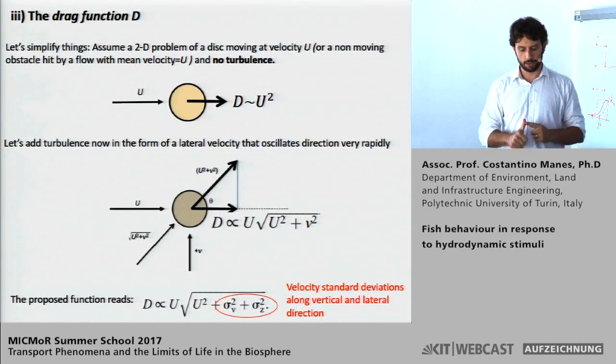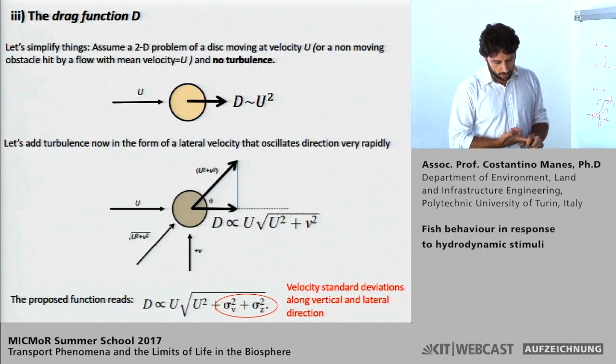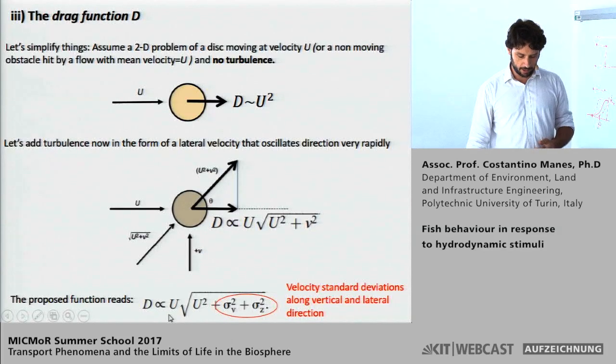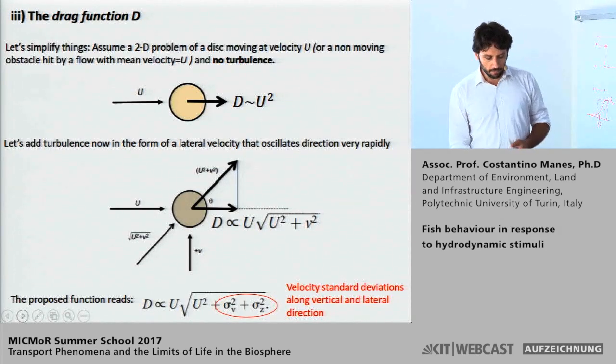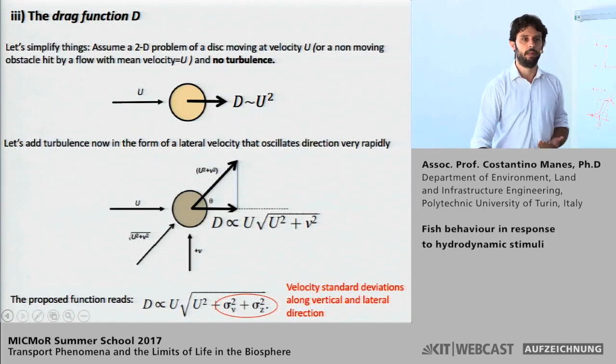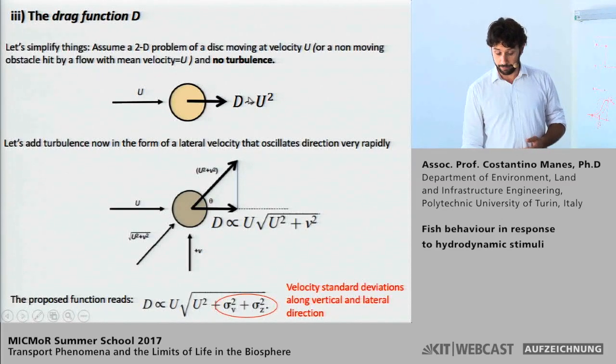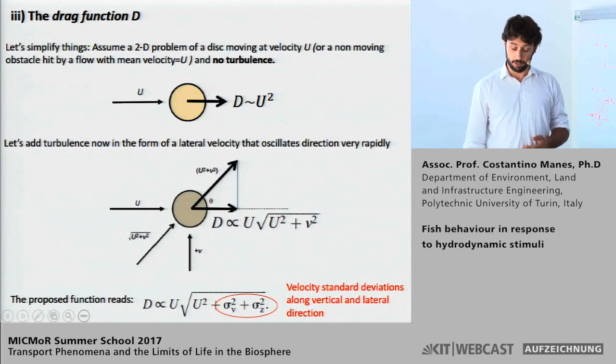So that was the first hypothesis. And the other hypothesis is if we add turbulence, as a fluctuating vertical or lateral component in this case, the drag increases. Okay, without turbulence it would be related to the square of the velocity.